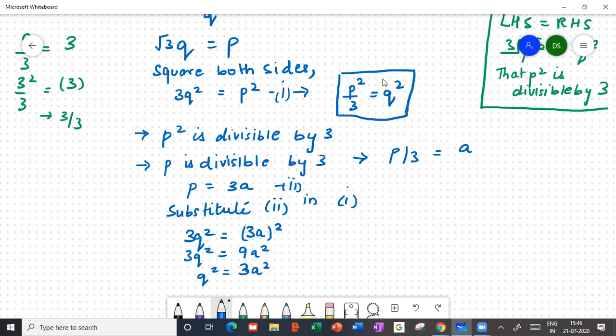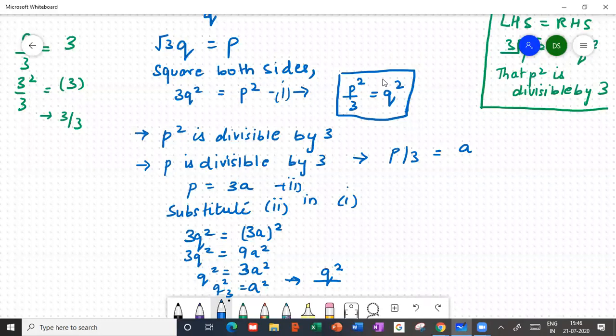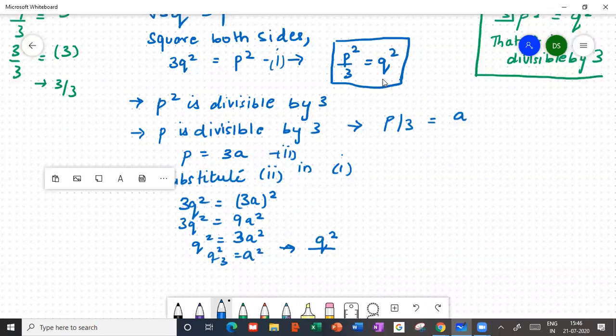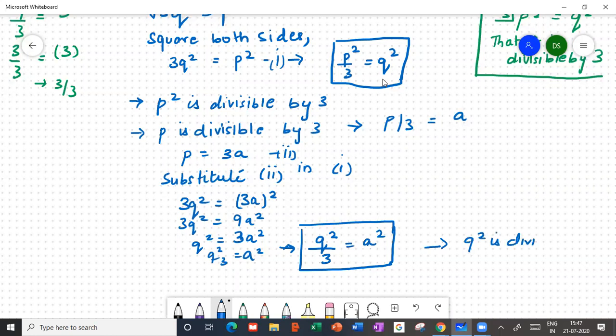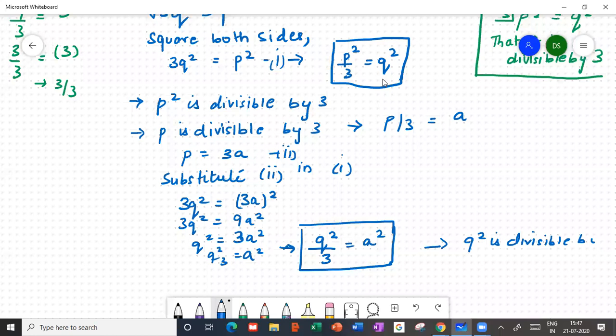Again, q square by 3 gives me a square, so I'm going to put this in a blue box. Since q square by 3 is giving me a square, I can directly say q square is divisible by 3, or q is divisible by 3.